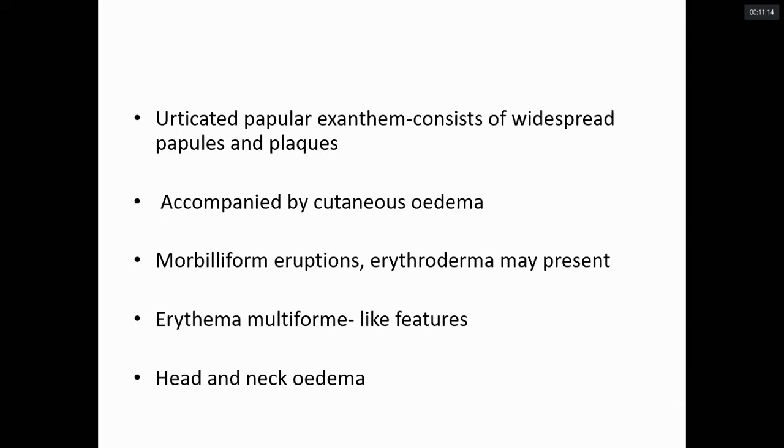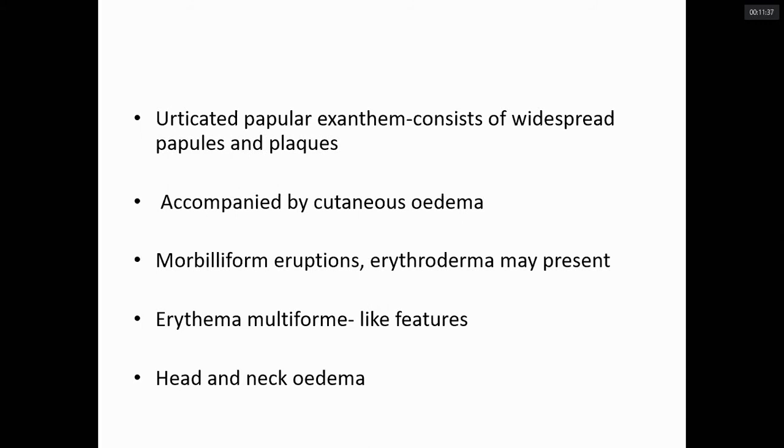In the cutaneous features, there are urticated papular exanthems, which are widespread. It is accompanied by cutaneous edema. There are multiple morbilliform eruptions and erythroderma may be present. Erythroderma means erythema and scaling involving more than 90% of the body surface area.